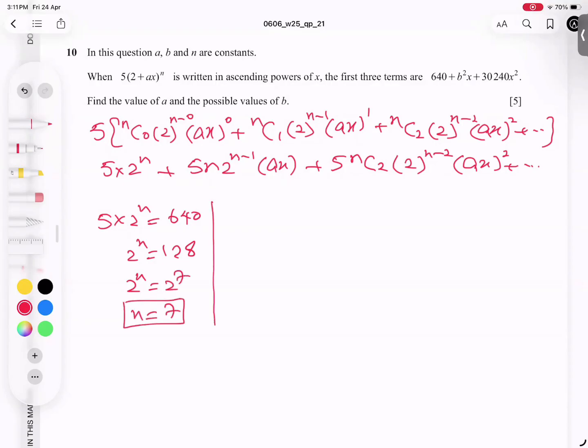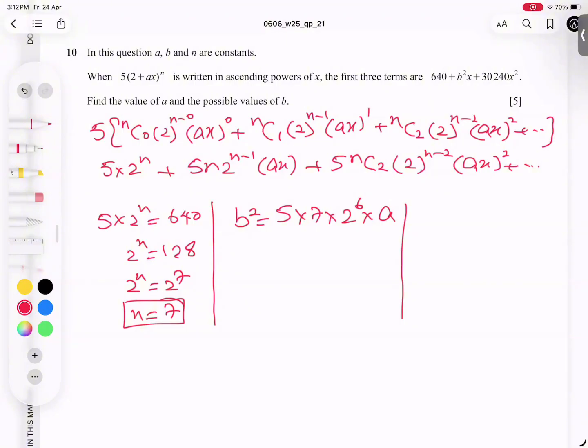Now, students, I've compared the first term. Now the second term, this and this. So I'm leaving x from both sides. I'm writing b. So b is equal to 5n, and we have n as 7 now. 7 minus 1 is 6, 2 to power 6 into a, I don't know. This is the second term.